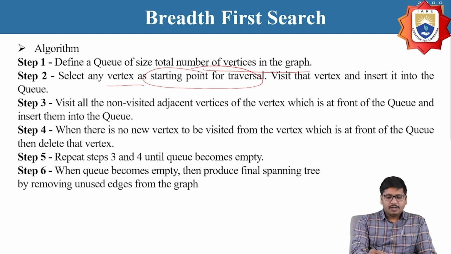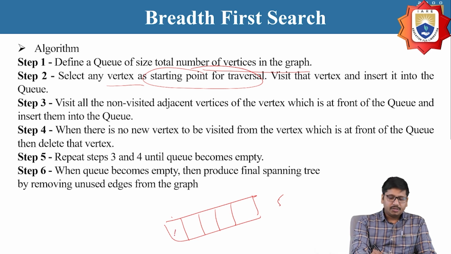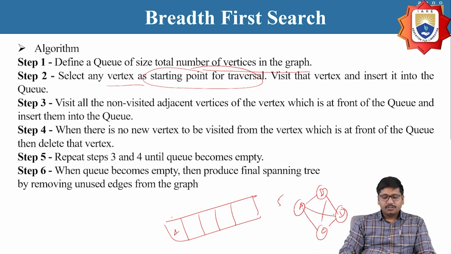So initially define a queue of size, it would be 5, and select any vertex of the graph for the traversal, then visit the vertex and insert it into the queue, that is A. Then visit all the non-visited adjacent vertices of the vertex at the front of the queue, and insert them into the queue.